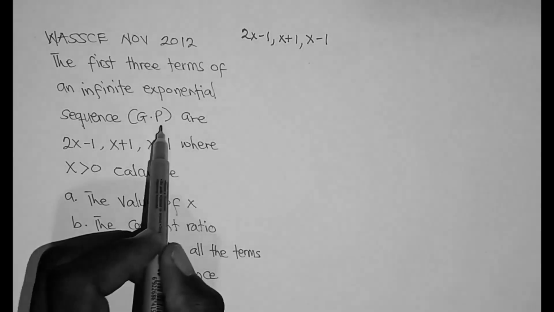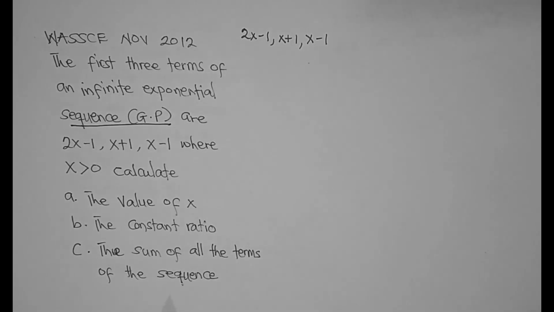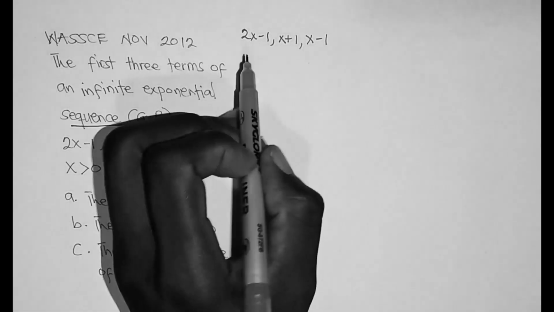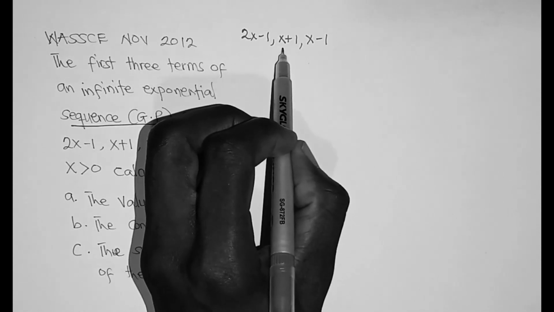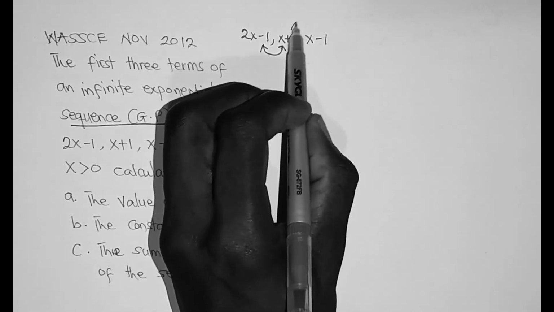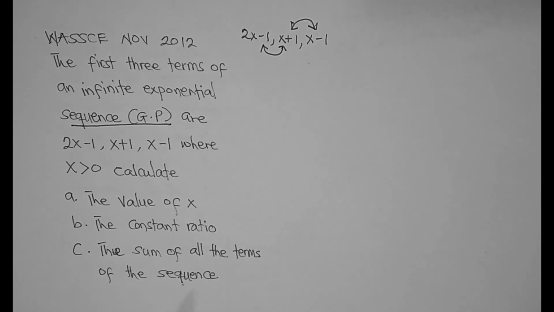But the question says it is a geometric progression. So therefore, since it is a geometric progression GP, then it means that the common ratio between these two is equal to the common ratio between these two. So how do we find the common ratio between these two?